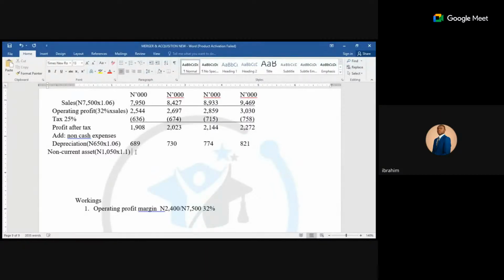What do we have here? Non-current asset. 1155. What do we have here? 1271.